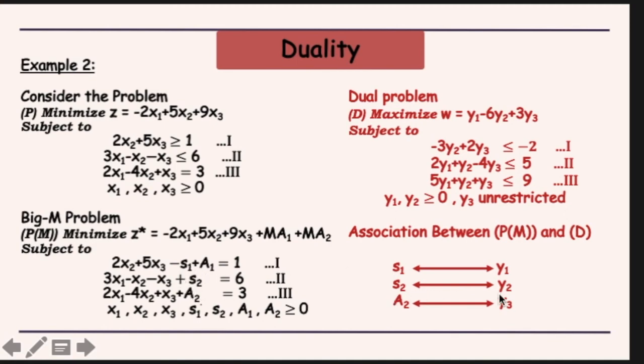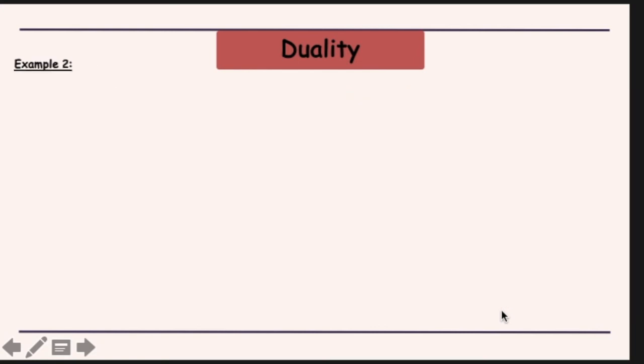So this is our association, s2 associated with y2. In the third constraint we have this dual variable y3 corresponding to the third constraint, and the third constraint has the artificial variable a2. So this is our correspondence, a2 corresponding to y3.